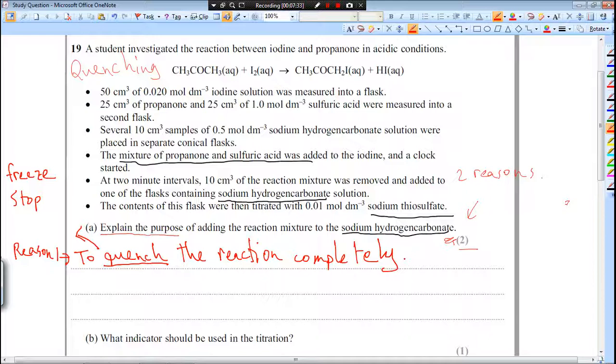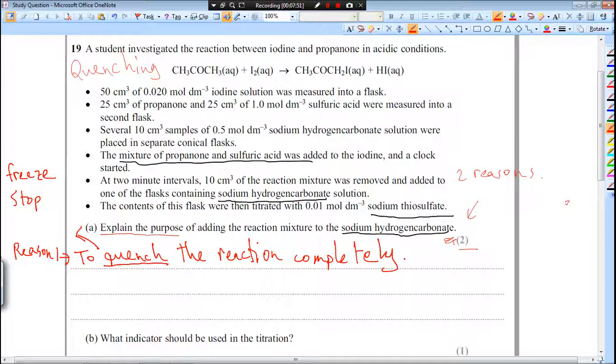And prevent iodine from reacting completely.